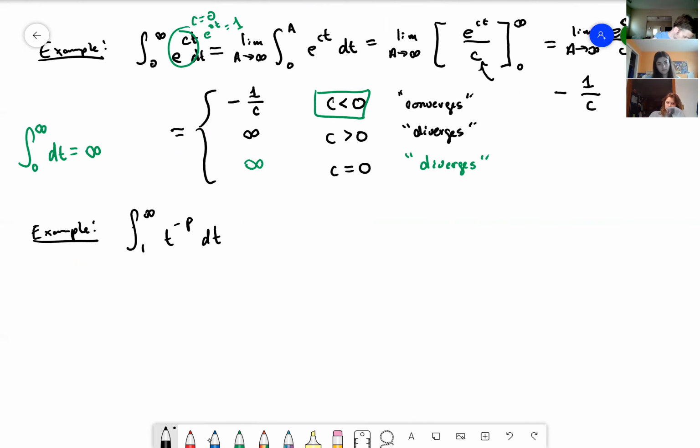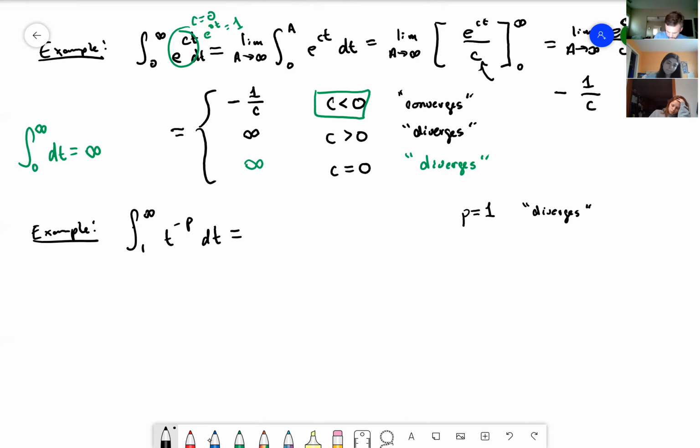Now again, if p is equal to 1, then we've already seen that this thing diverges. That was our first example. So we're going to look at the other case.